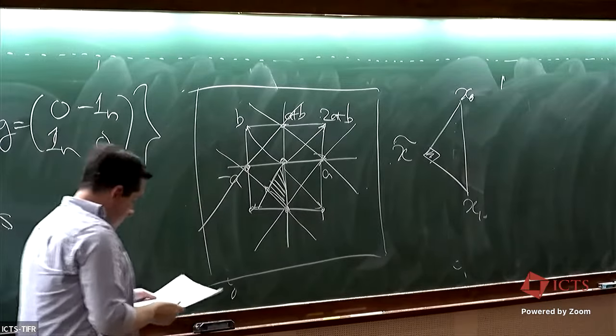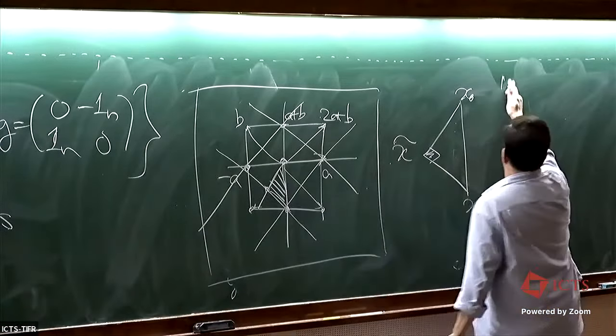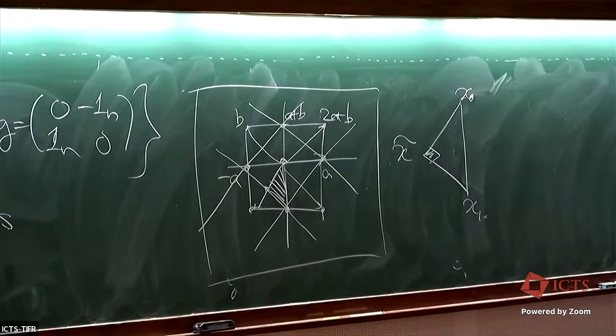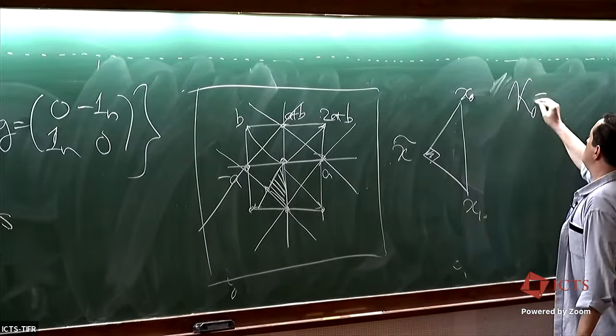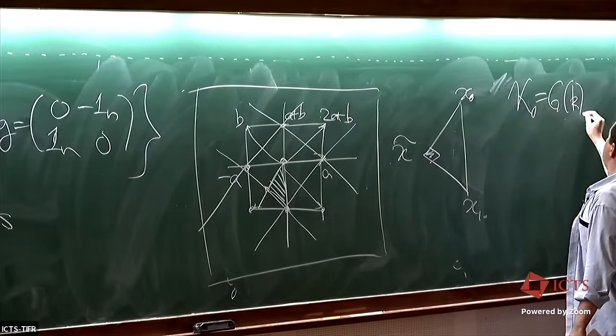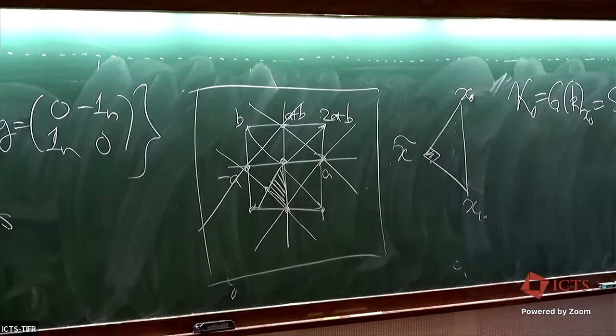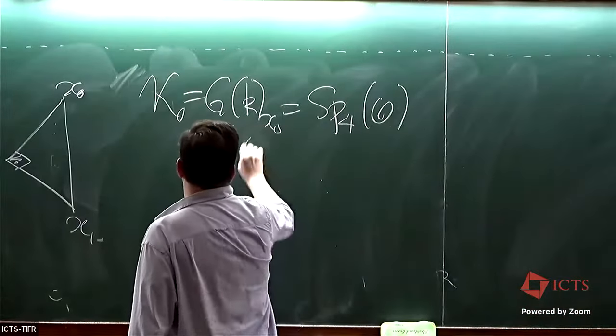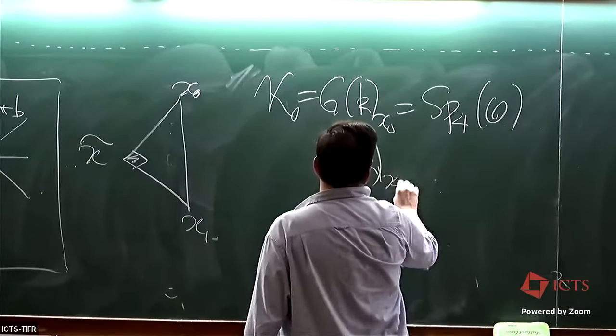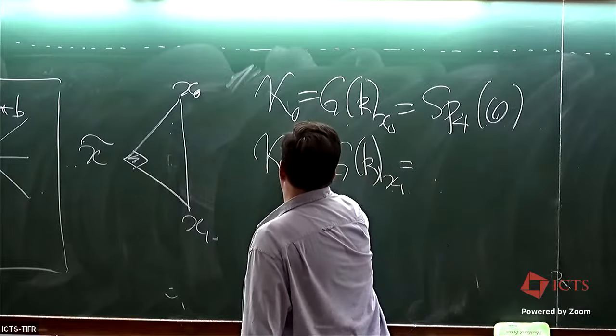And again, if one goes through this machinery of the buildings that I haven't defined yet, and you calculate the action, you wind up getting that the stabilizer of x0 is SP4 of O, the usual thing that you might think of if you try to think of a maximal bounded open subgroup. The stabilizer of x1, I'll call this K1.